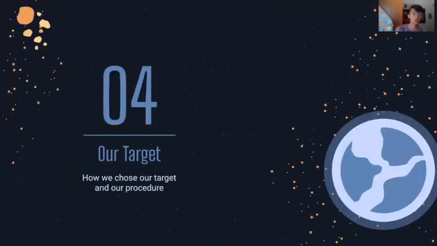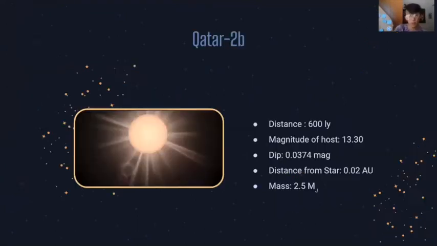Next up, we're going to talk about our target, mainly how we chose it, and also our procedure. Our target was Qatar-2b, which is roughly 600 light years away. The magnitude of Qatar-2, the star, is 13.30. The dip in magnitude is supposed to be 0.0374, which is roughly a 4% dip.